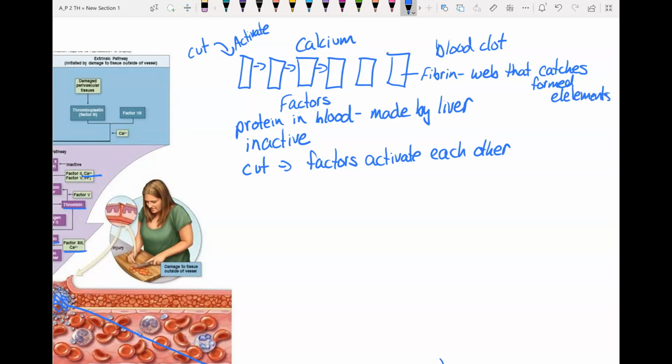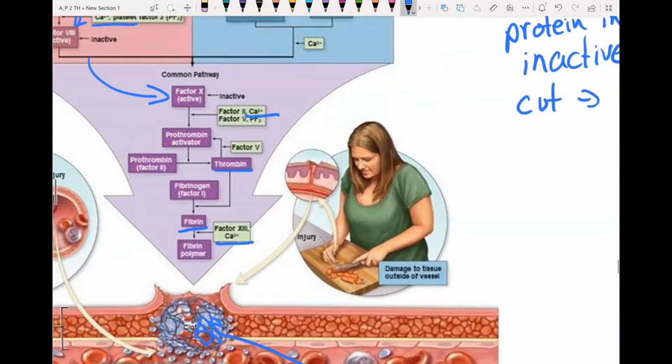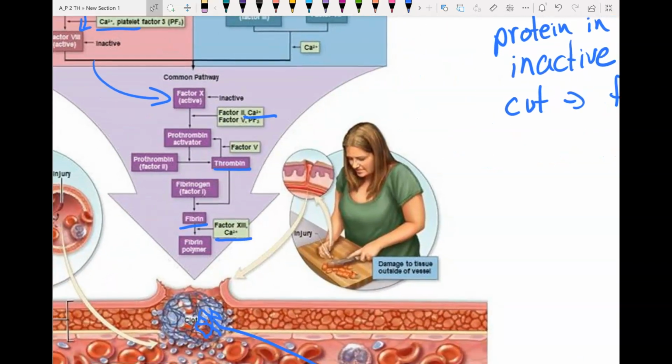And the one that activates fibrin is thrombin. So you get through all your factors. You have prothrombin activated to thrombin. So its name is prothrombin when it's inactive. Its name is thrombin once it's been activated. So you can think of it like when the domino is standing up, it is prothrombin, and then when the domino falls down, it is thrombin.